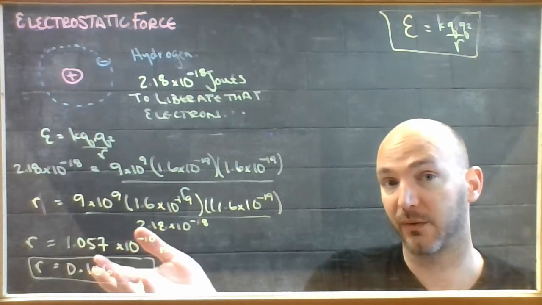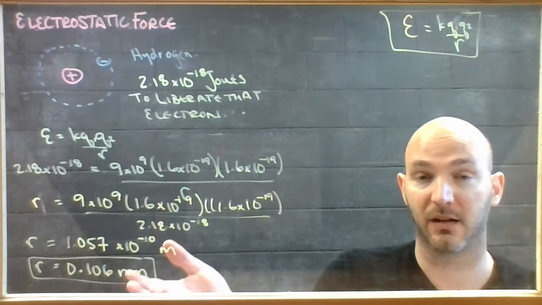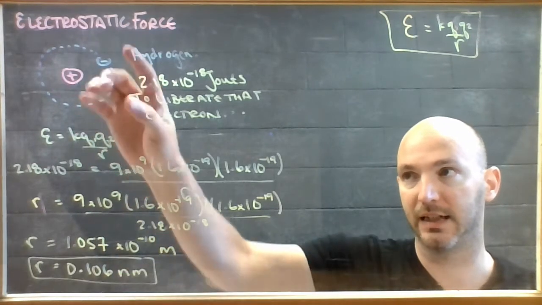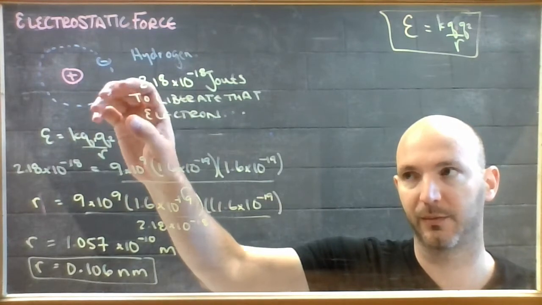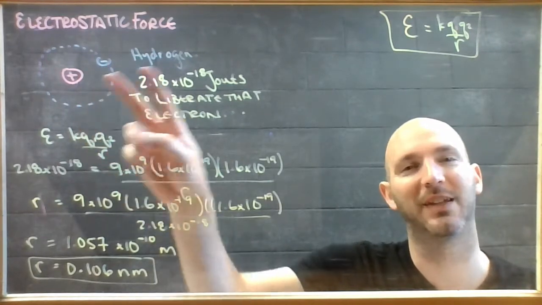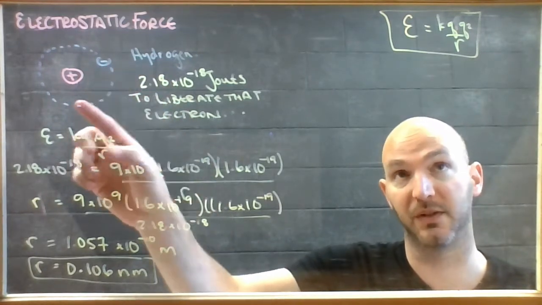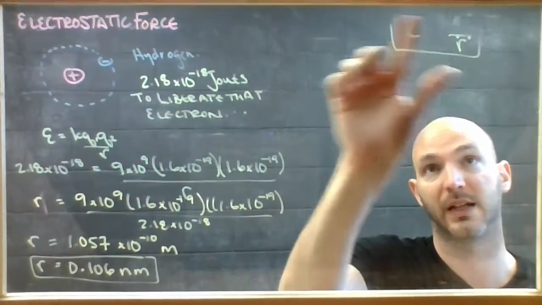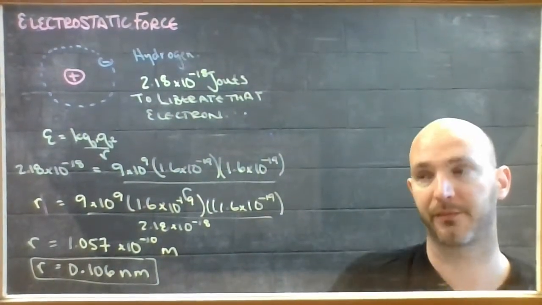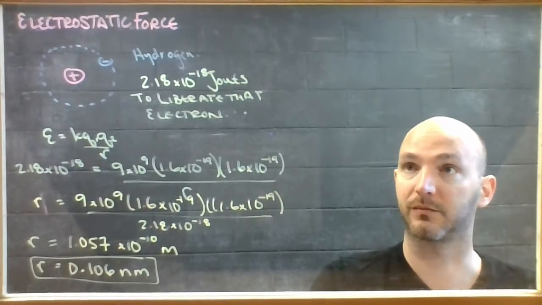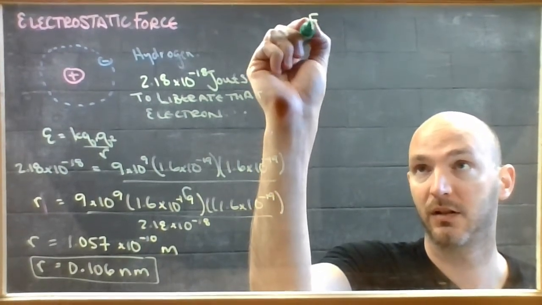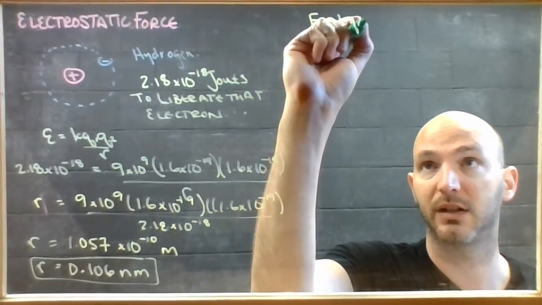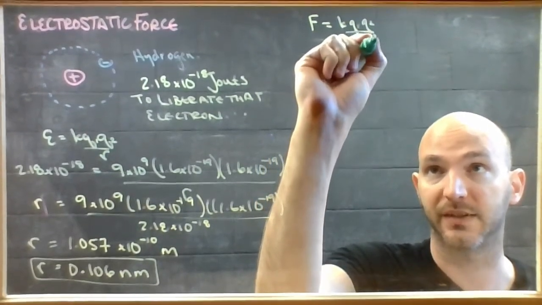But now that we have the radius, we can calculate the attractive force happening between these two particles. I'm going to do that up here. So the force would be K Q1 Q2 over the radius squared.